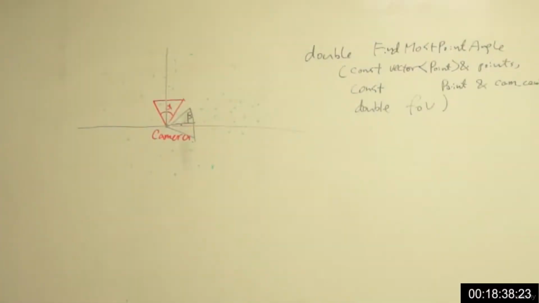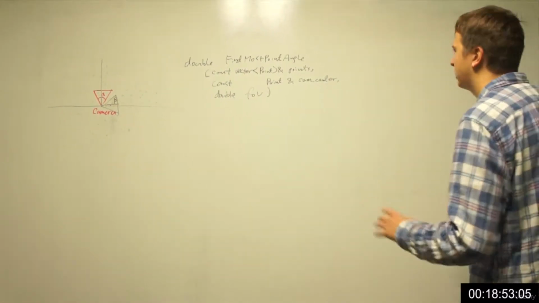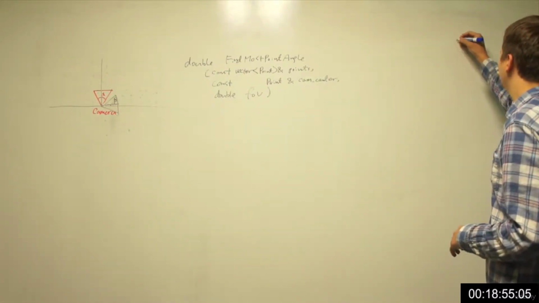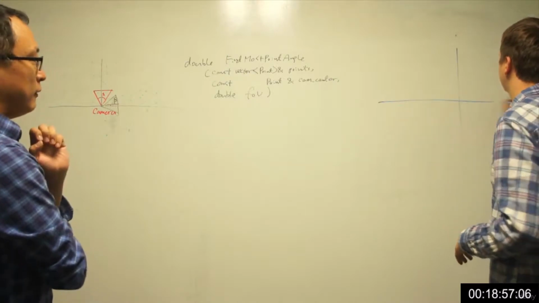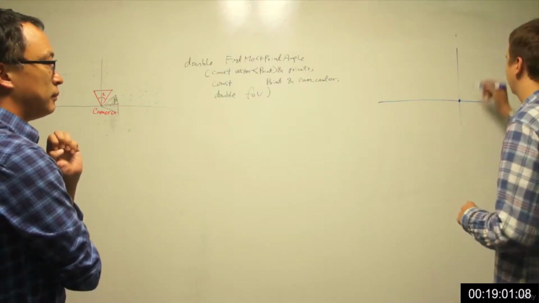All right. What I want to do is some kind of array or sweep line algorithm to run and create some events. So at first I want to sort all points.